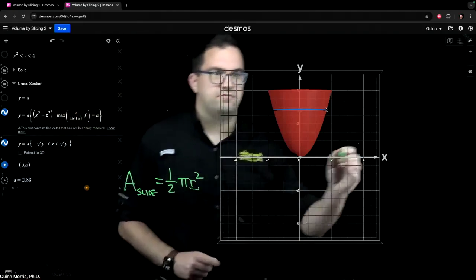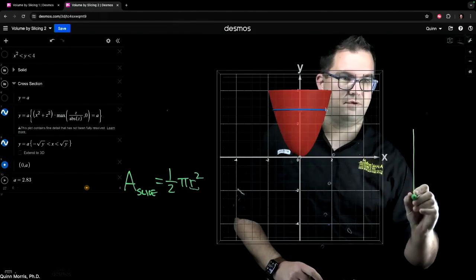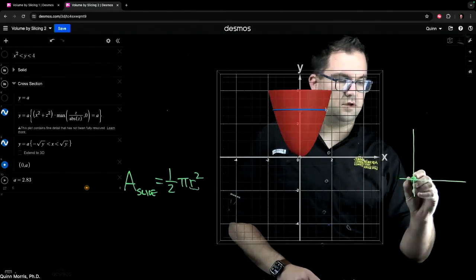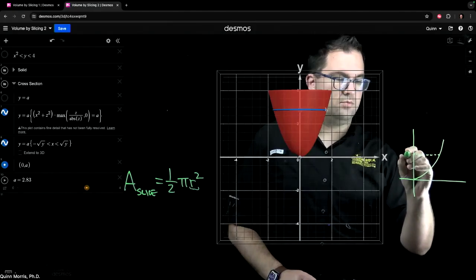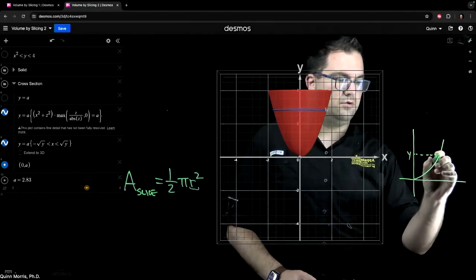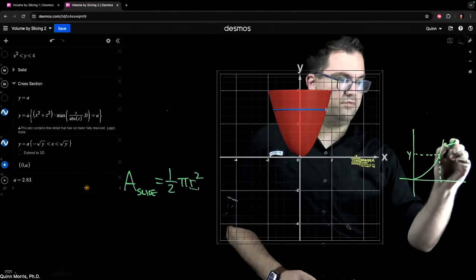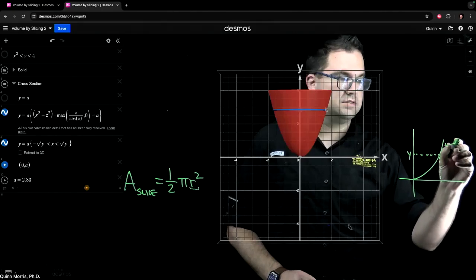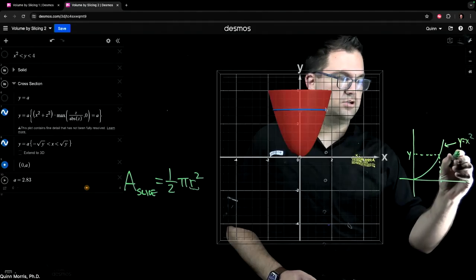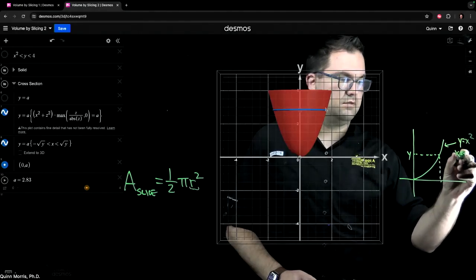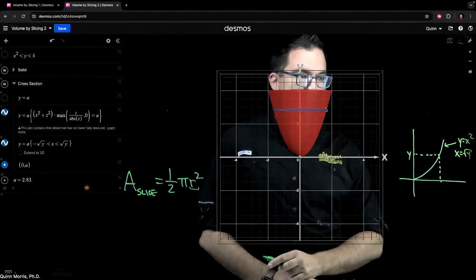If I come off to the side here for a second and think about that piece of the graph, I really want to know, for an arbitrary y value here, this x value. Well, this curve is y is equal to x squared. So if I solve that, x is equal to the square root of y.